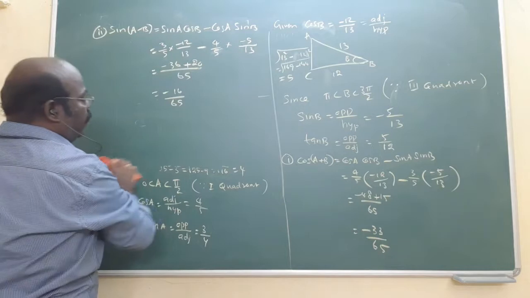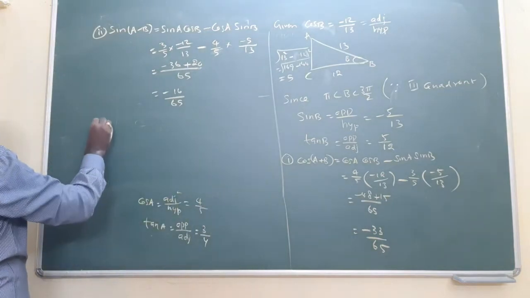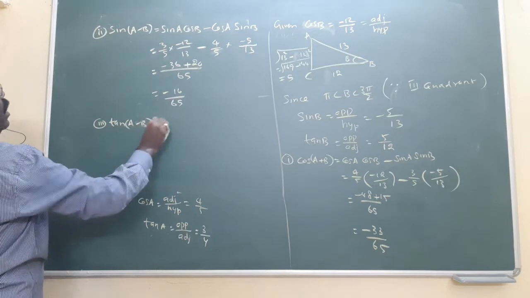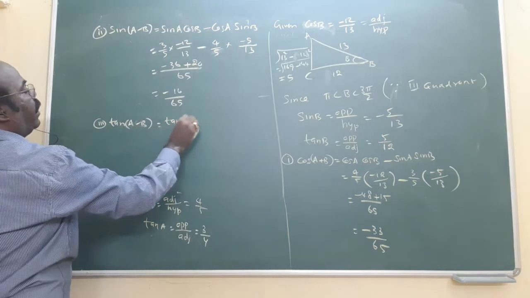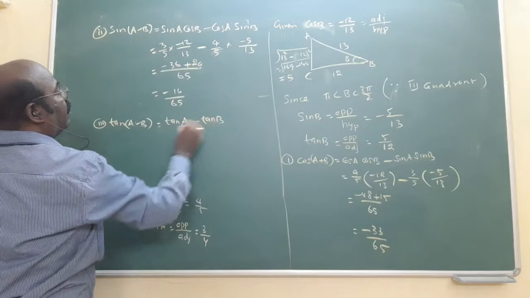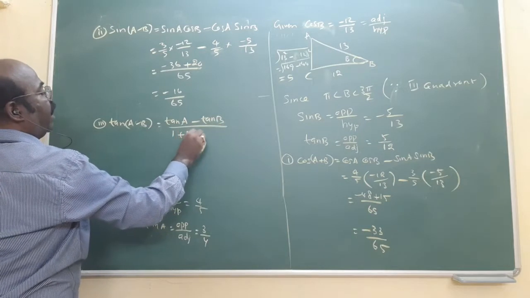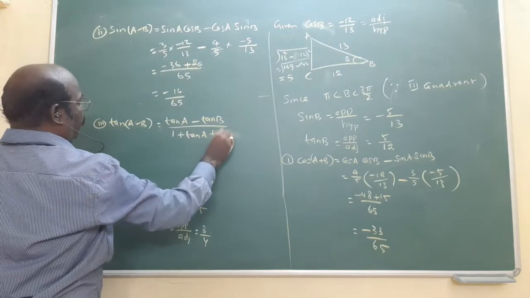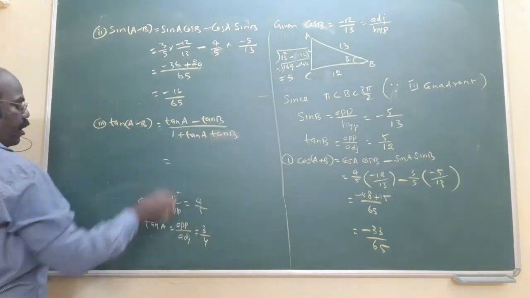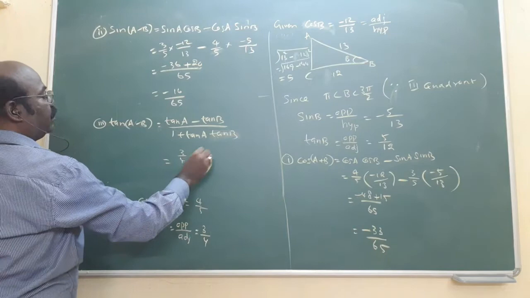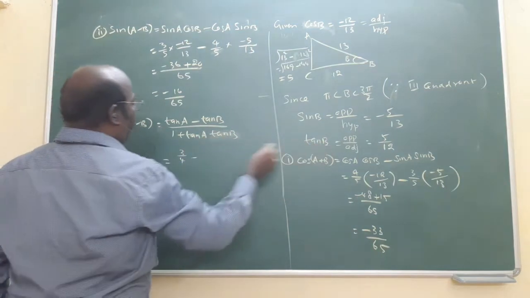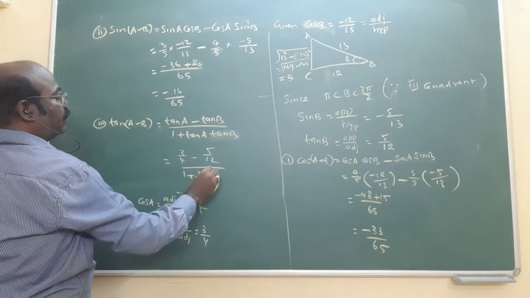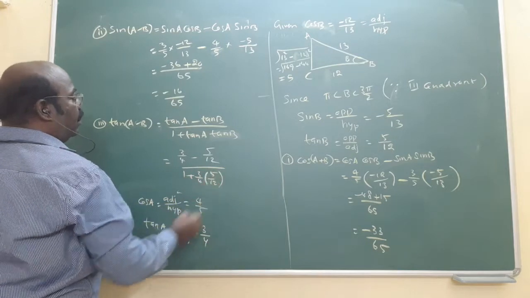What is the third part? The third part is tan of A minus B. What is the formula? Tan A minus tan B over 1 plus tan A tan B. Tan A was already found, 3 by 4. Tan B was already found, 5 by 12. Am I right?